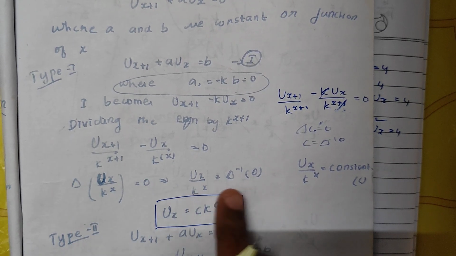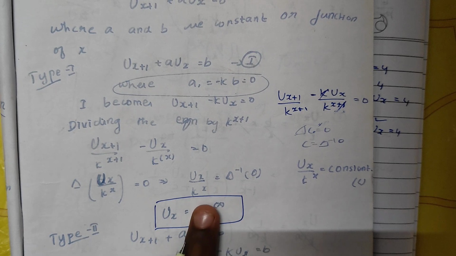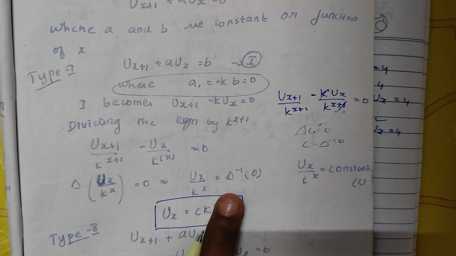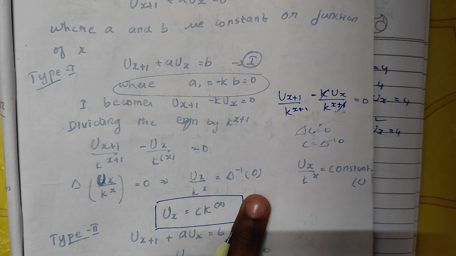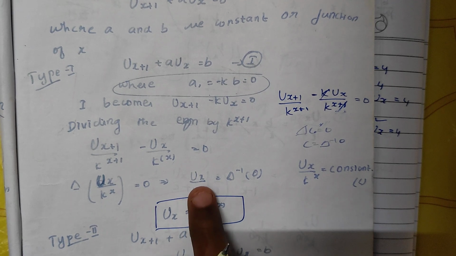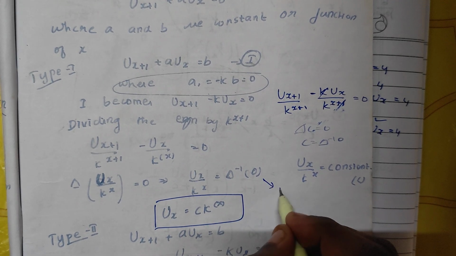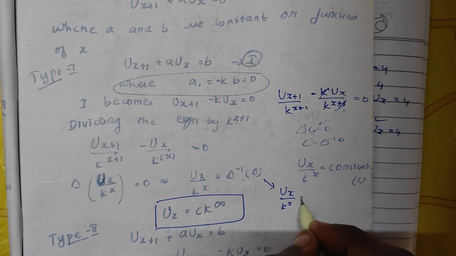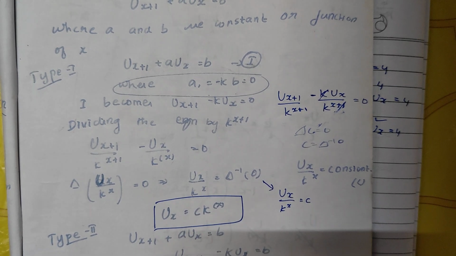Bring this del operator to this side. So it will become u x divided by k power x is equal to del inverse of 0. So del inverse of 0 will give you a constant, which is c. So what will come is u x divided by k power x is equal to c. Then bring this k power x to that side.